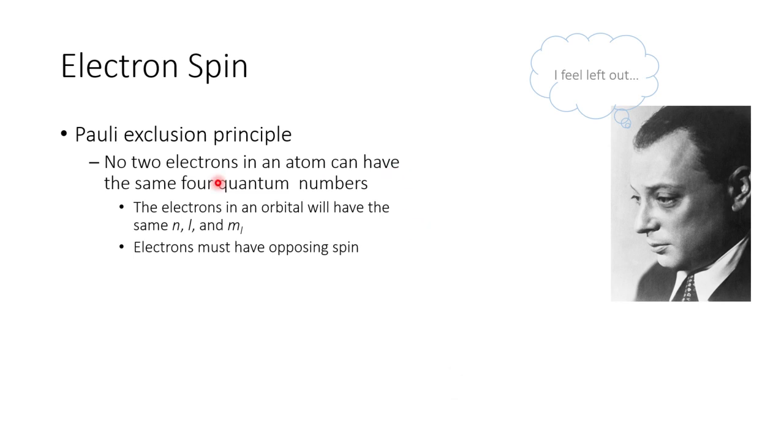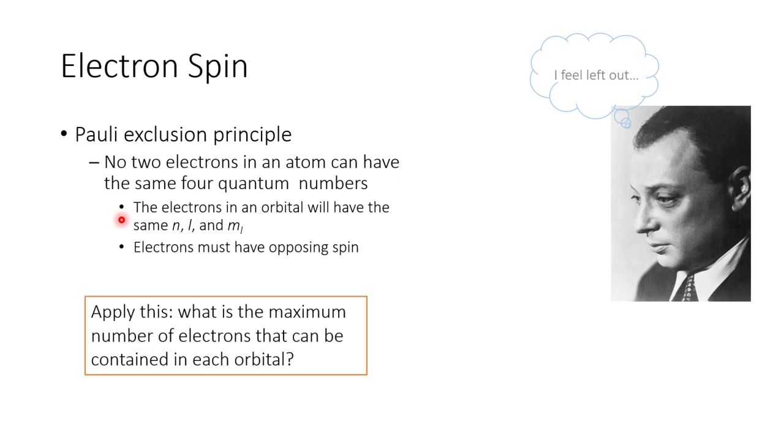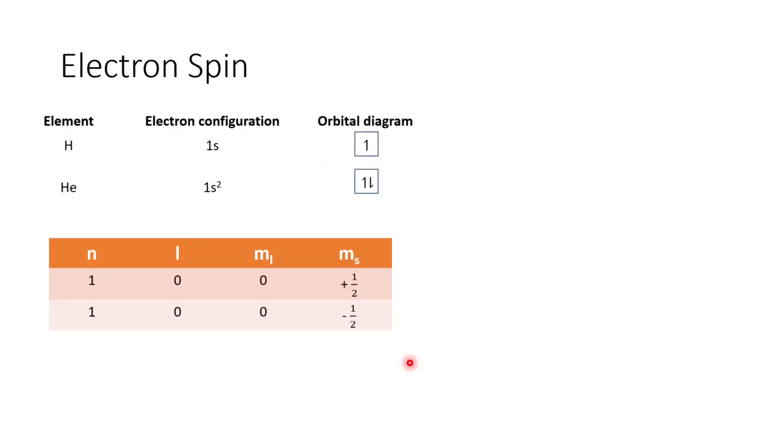So the implication of this is that if the electrons in an orbital have the same n, l, and m sub l, electrons must have opposing spin. So what is the maximum number of electrons that can be contained in each orbital? It must be 2, because electrons can only have a spin up or spin down. So that means that in an orbital, the maximum number of electrons you can have is 2.